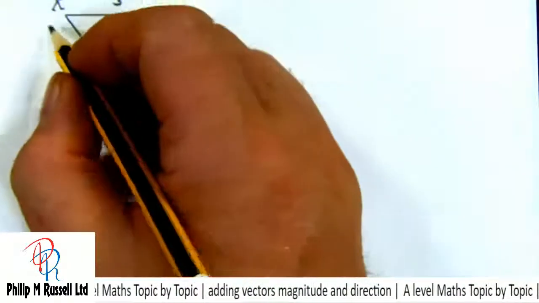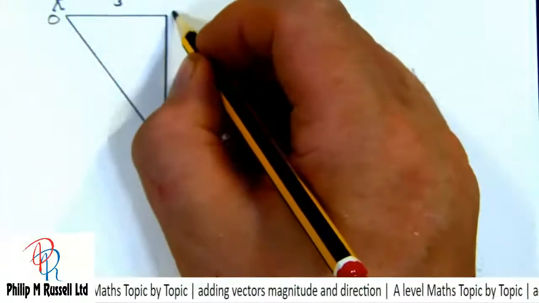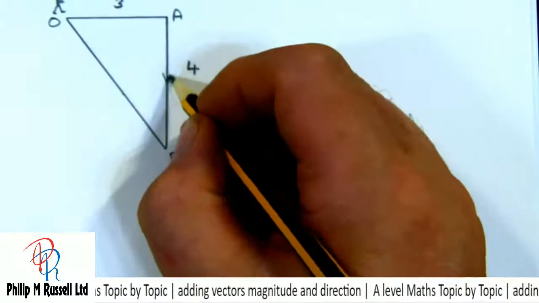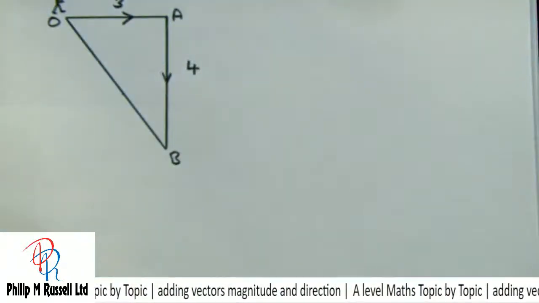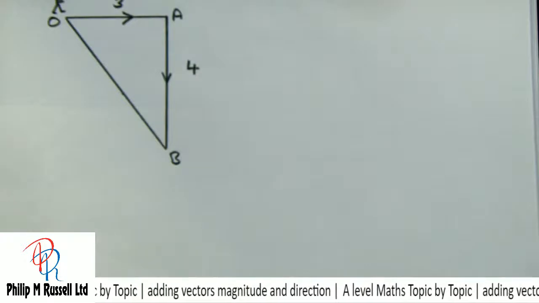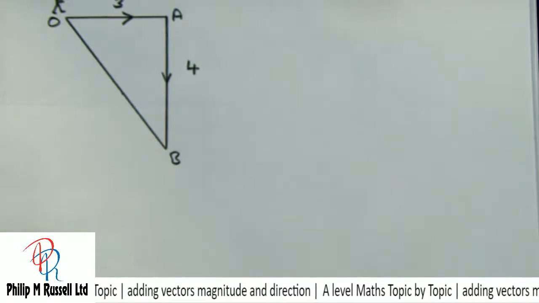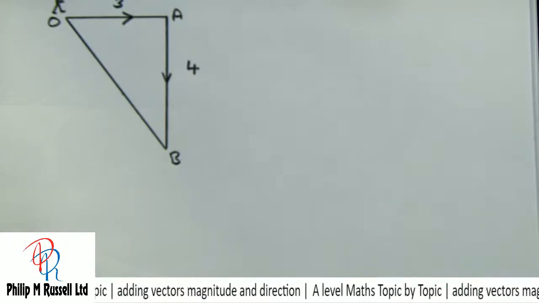So this is going to be my origin, this is going to be position A, this is going to be position B, and we've got my vector. Now, can we work out the total distance that's been travelled?